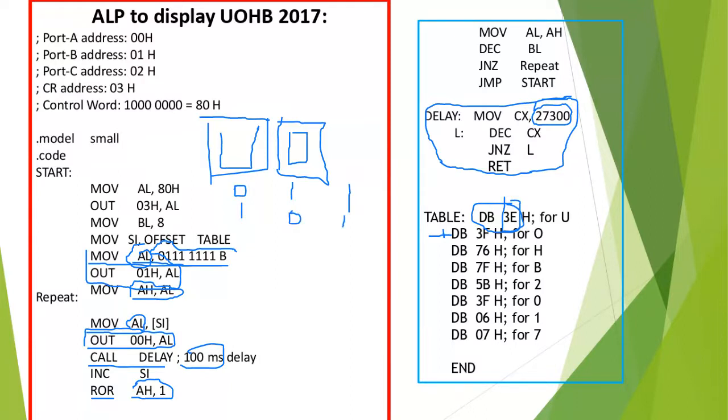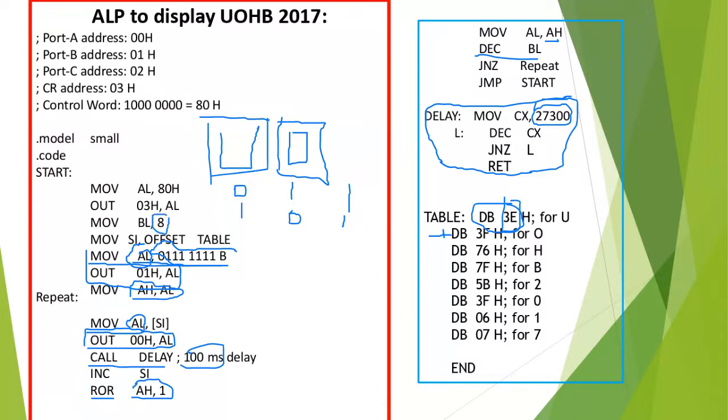Then move this AH to AL, because we have to use AL to send it to port B again, and decrement BL, because how many times will we do it? 8 times. That's why we use the counter BL.